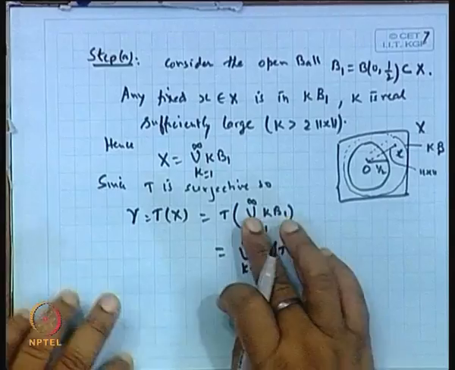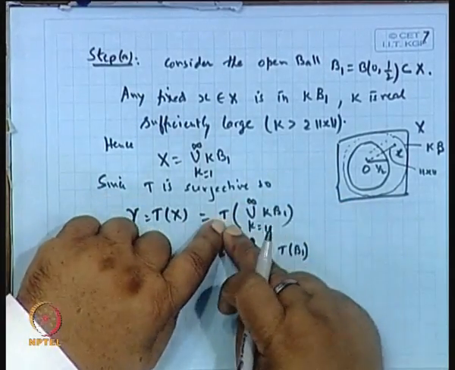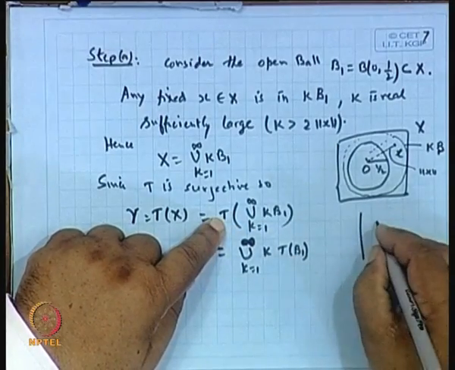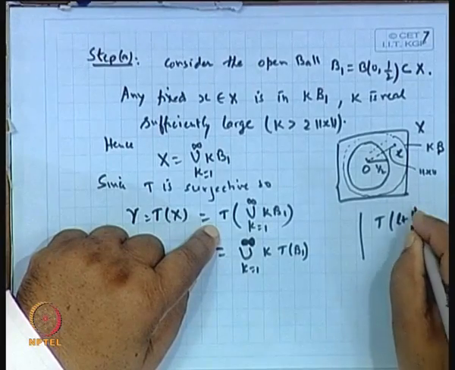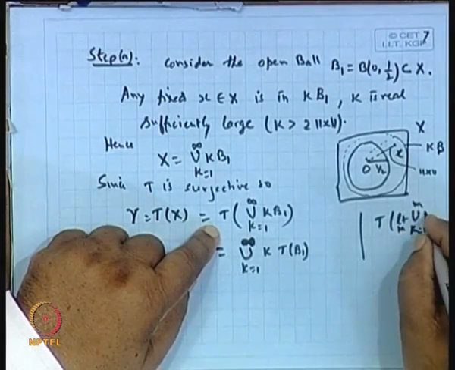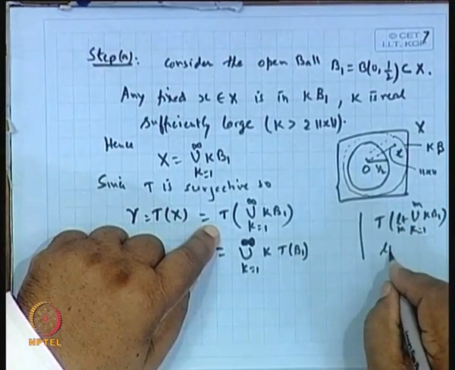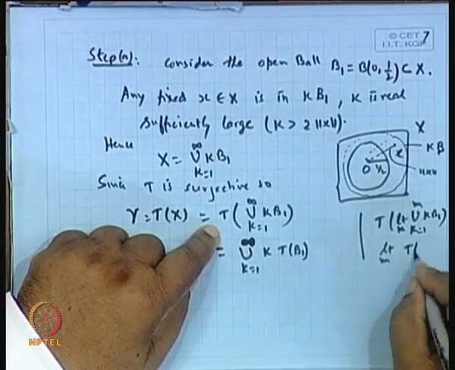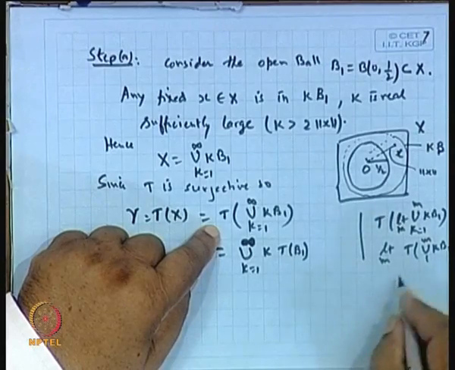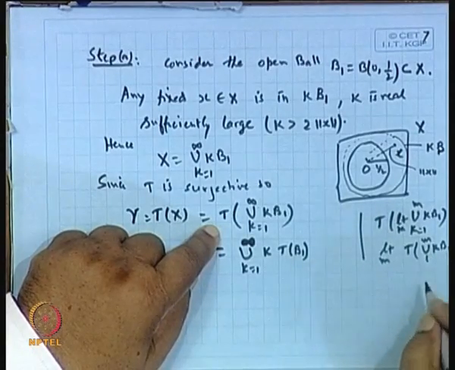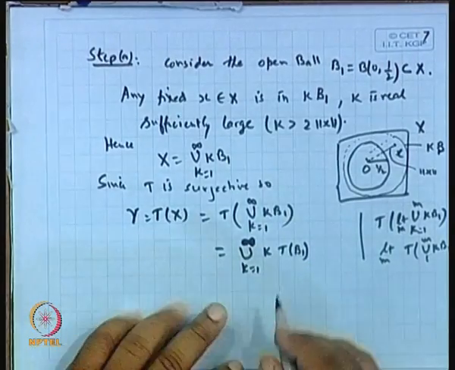We can write it as T of the limit, as m tends to infinity, of the union of k B1 for k from 1 to m. Now, because T is continuous, the limit can be taken outside, and again T is linear, so we get the union from 1 to infinity of k T B1.